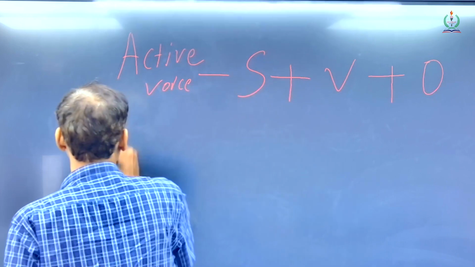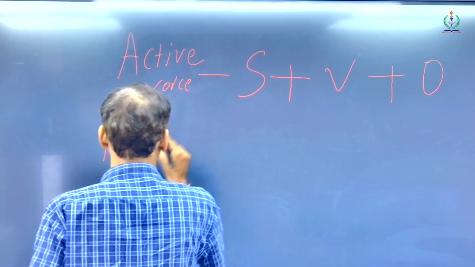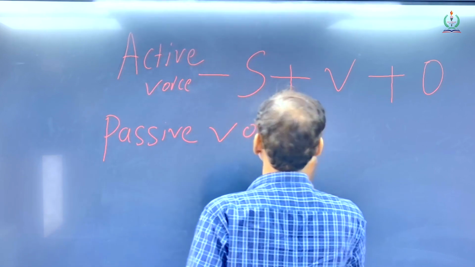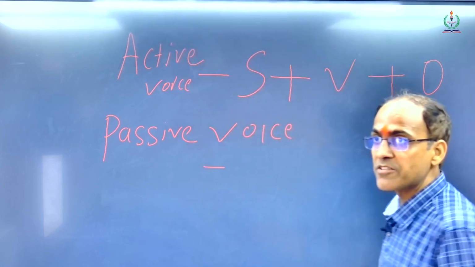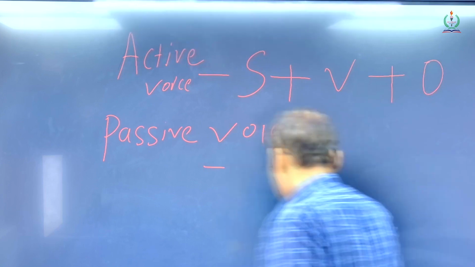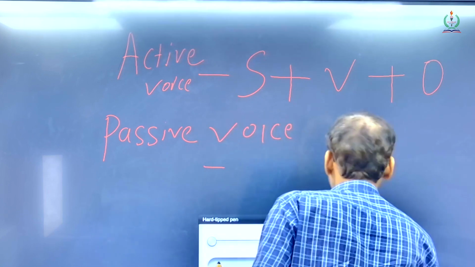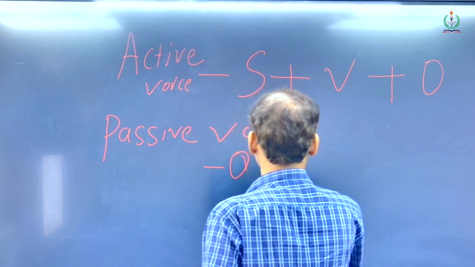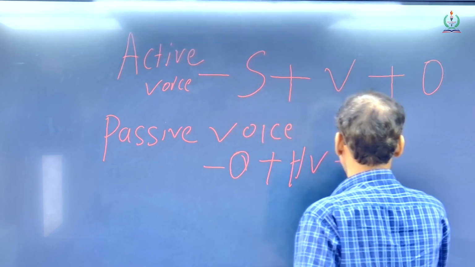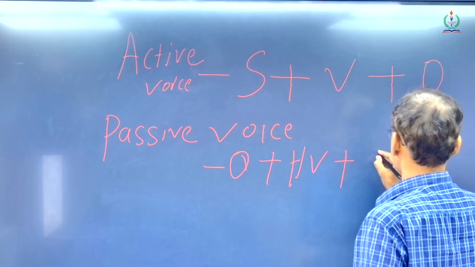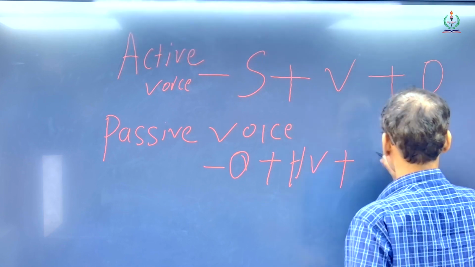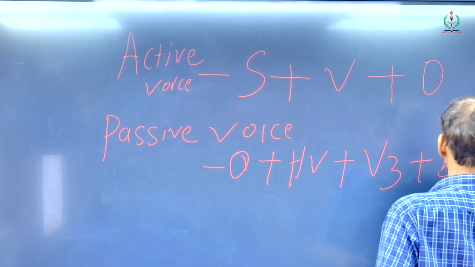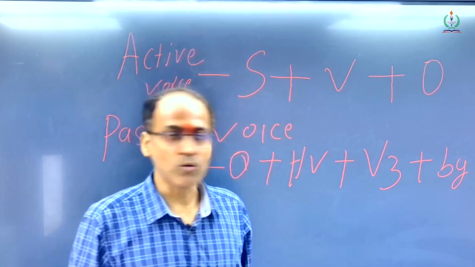Now when we talk about passive voice, the structure goes like this: object plus helping verb plus V3 plus by plus subject.